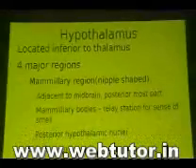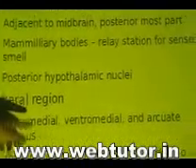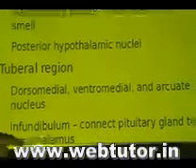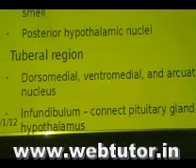The next region is right adjacent to it, which will be this region, made up of your dorsomedial nucleus. That will be your tuberal region. It is made up of the dorsomedial, ventromedial and arcuate nucleus. The infundibulum is also a part of your tuberal region. The infundibulum connects the pituitary gland to the hypothalamus.